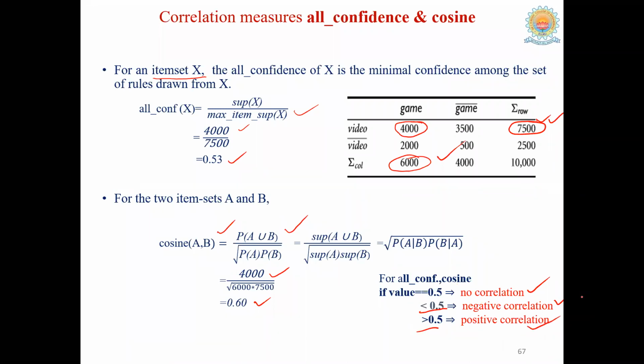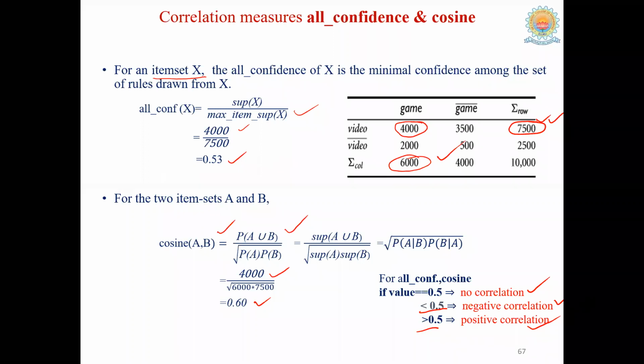So from this example, what is the value obtained from all confidence? 0.53.